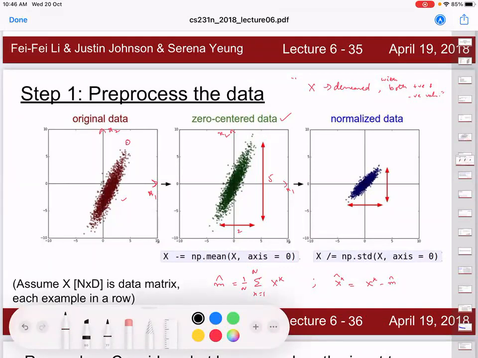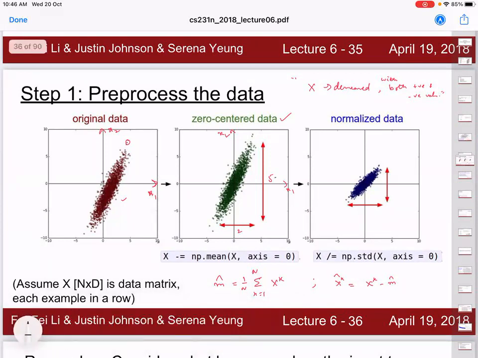If the difference is too high, say 20 and 50, one of the features will influence much more than the other, which is not desirable. So in such cases people try to make all the variances comparable. The covariance matrix of this data gives the characteristics of the spread of data across different directions.